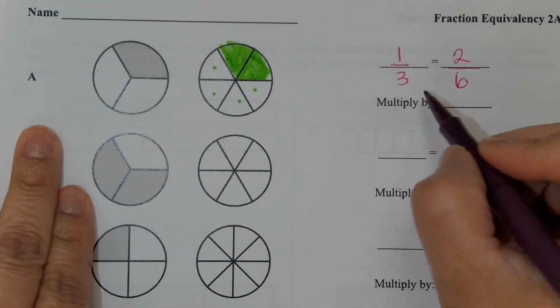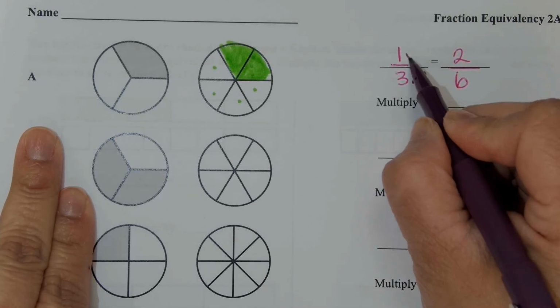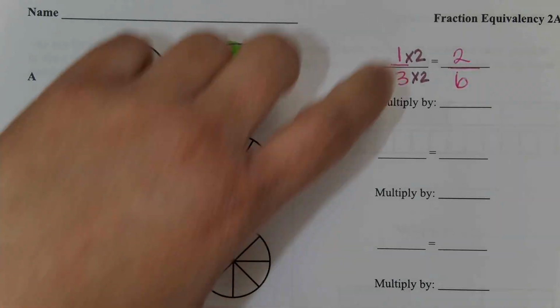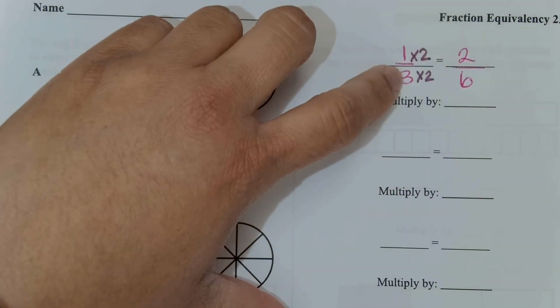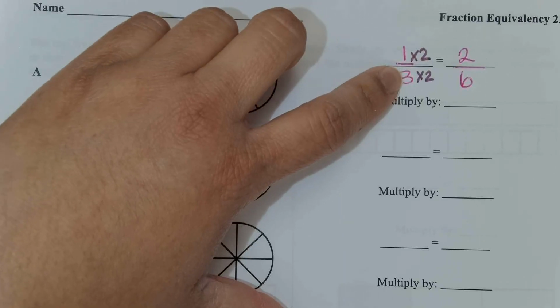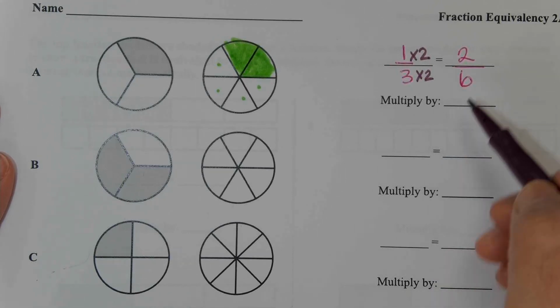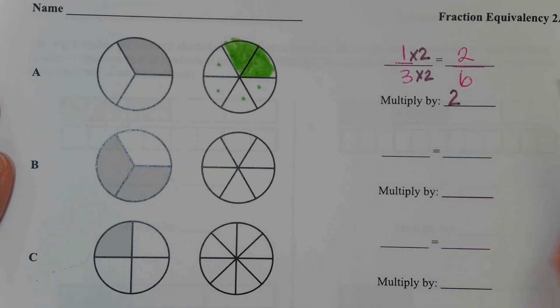So we can multiply by 2. Numerator and denominator, we can multiply them by 2. So 1 times 2 is 2. 3 times 2 is 6. So here we're going to write multiply by 2.